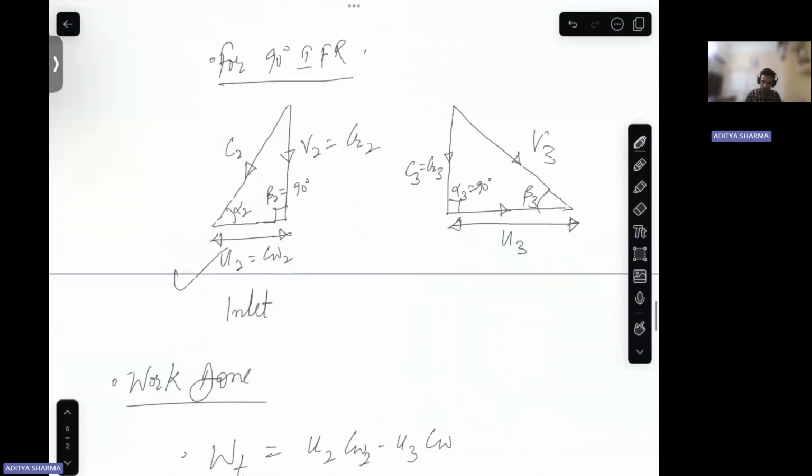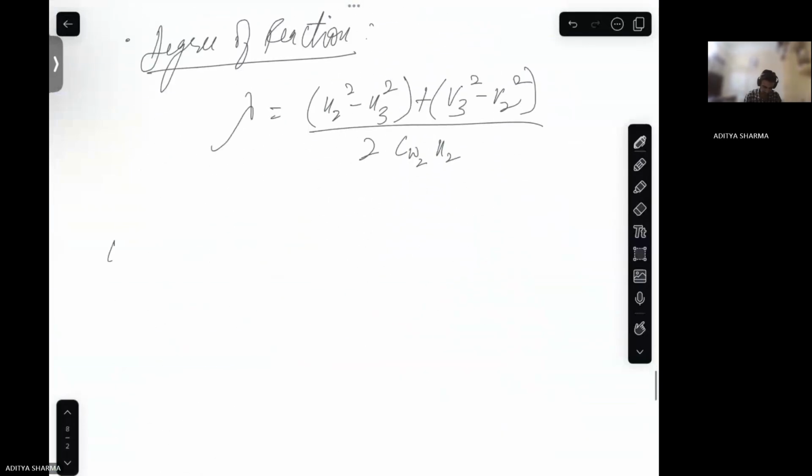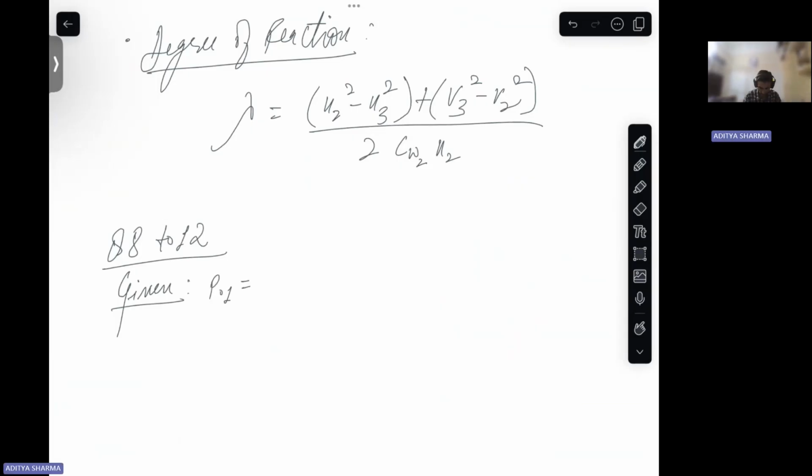Question number 8 to 12. P01 is 5.9 bar. Then T01 is 870 Kelvin.